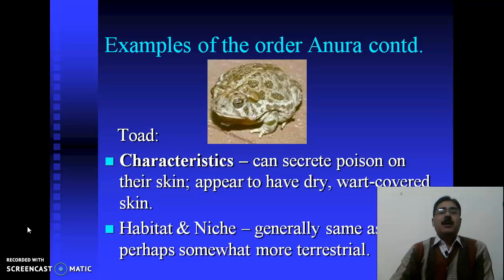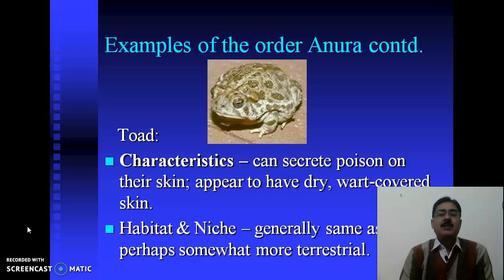The second example is toad, which is characterized by hard and warty skin which is more or less dry and can secrete poison with their skin as they have a modified parotid gland on the dorsal side.